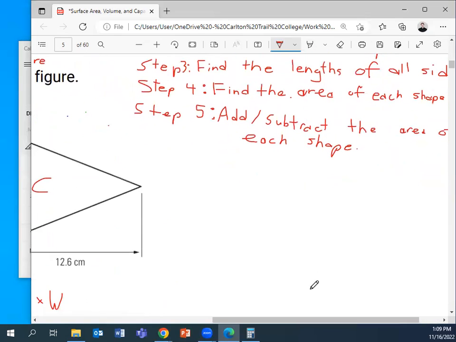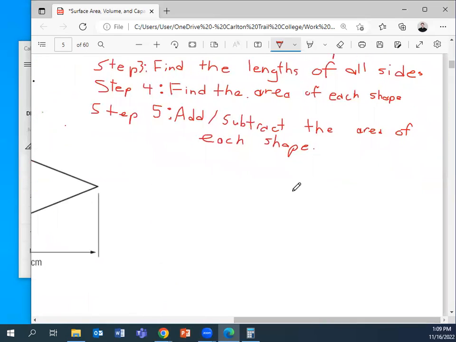So the last step is add or subtract the area of each shape. In this case, I'm just trying to add it all together.